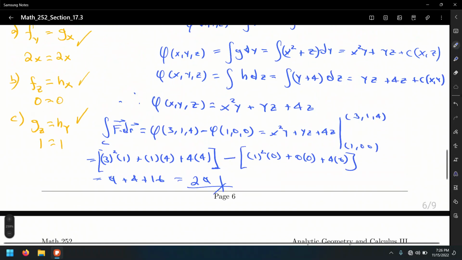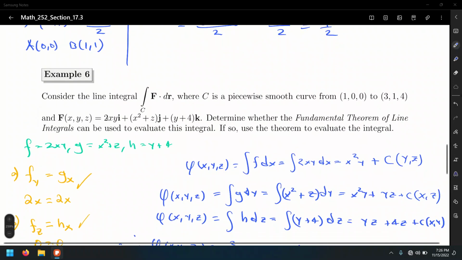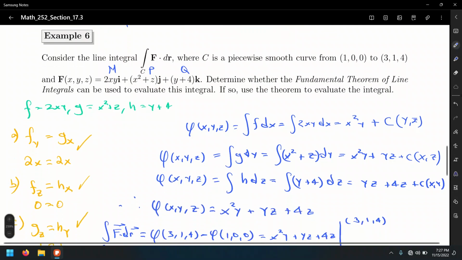In this case, we call these coefficients of i, j, k as F, G, and H. However, in other textbooks and on the internet, YouTube, or whatever you look at, they also call them M, P, and Q. Just so when you see it in different resources, they just change the letter, but it's ultimately the same.